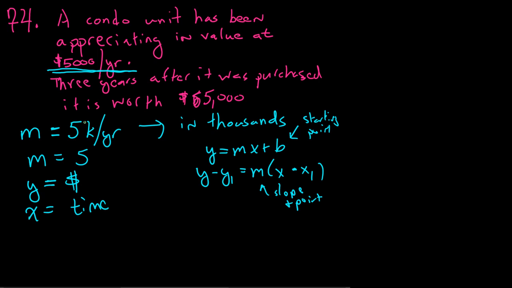If I'm going to talk about this as a slope, whatever is upstairs is the y, and whatever is downstairs is the x. And so this is $5,000 per year. Our y is talking about the money, and our x is talking about the time.